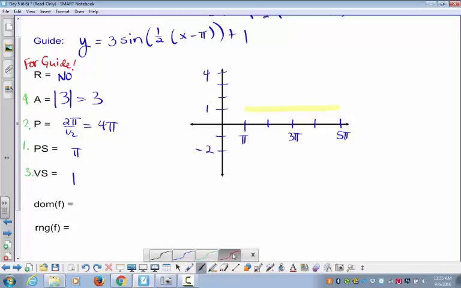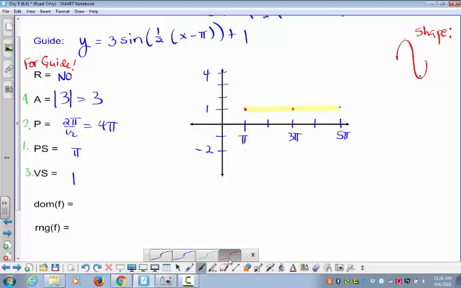All right, shape. So for sine, that's our shape. And the shape for sine has those 5 key points. And nothing's going to change here for the 3 on the center line.